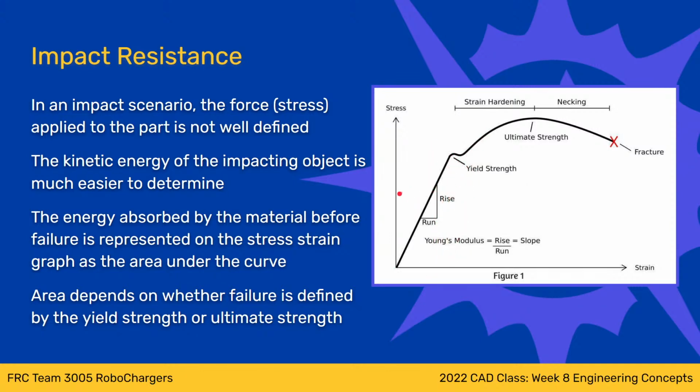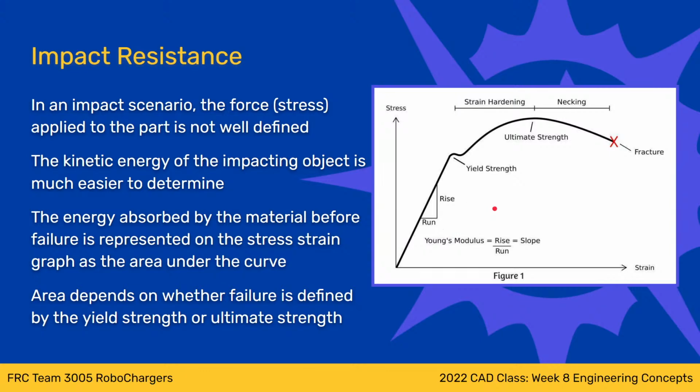So if we want to look at how much energy this material can absorb before it bends permanently, before it reaches its yield strength, we can draw a line here, and look at the area of this triangle right here. That area represents the energy that this material can absorb before yielding.